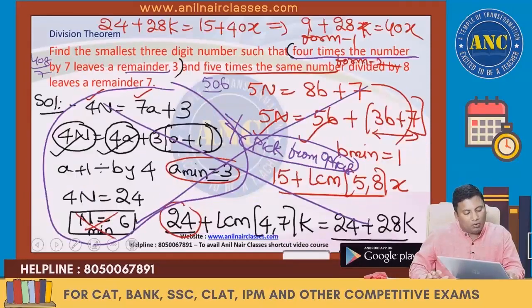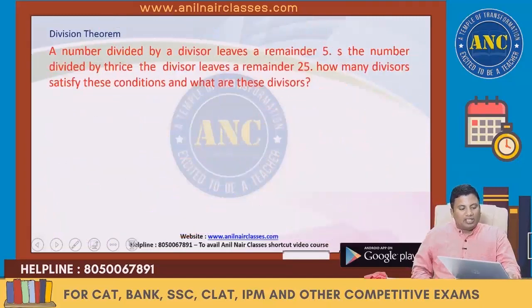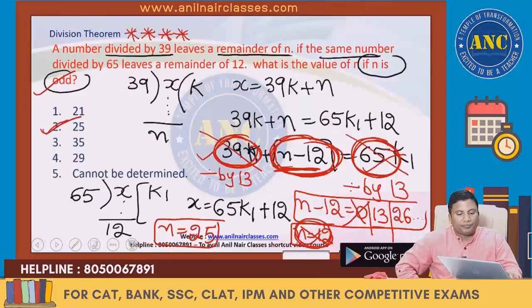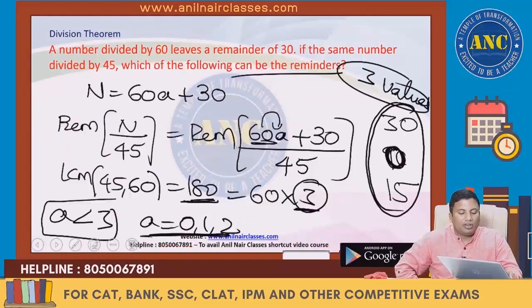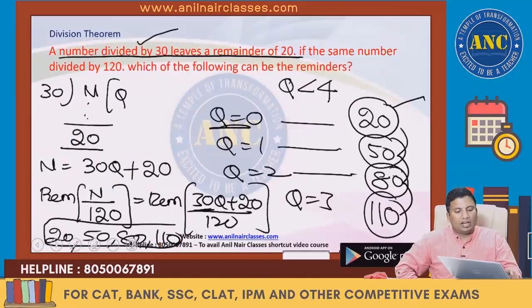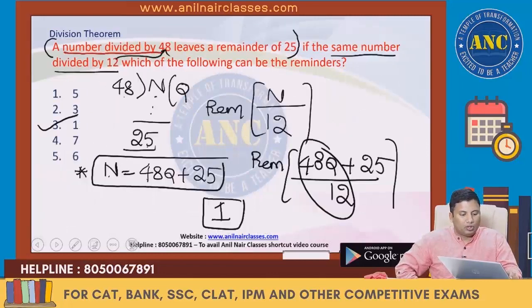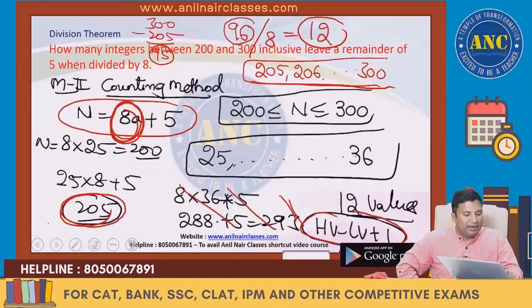Let me go back over what I revisited. Advanced level question. Understanding of the division theorem. Finding out the value of n. How to find out directly the value of a. Another question. Dividend is equivalent to divisor into quotient plus remainder.